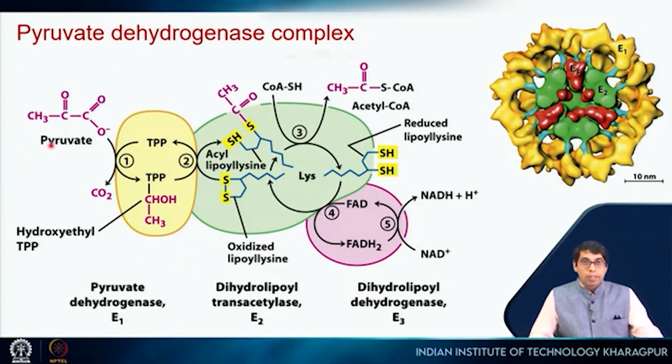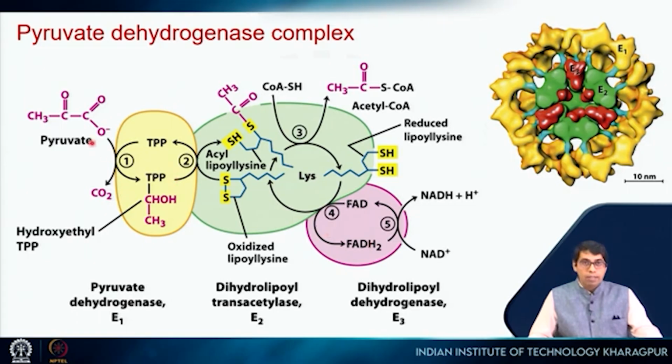This is pyruvate, right. So, pyruvate comes in and it interacts with E1. This is E1 which is yellow, this part. The middle part is E2 which is this green part, and the last one is E3 which is this red part, right. So, E1, E2 and E3.